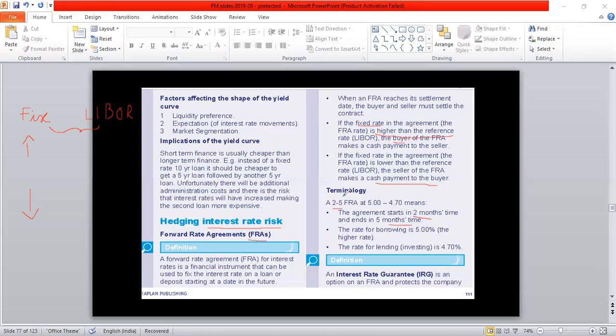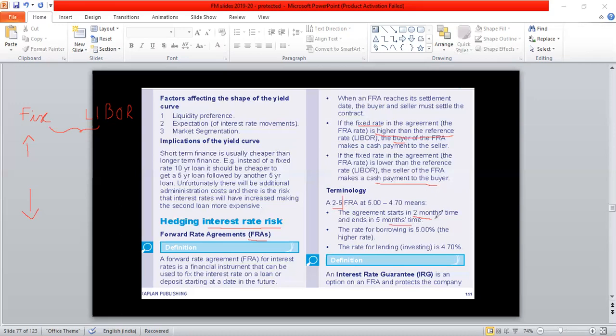So the first part of it denotes the time period, 2 to 5.